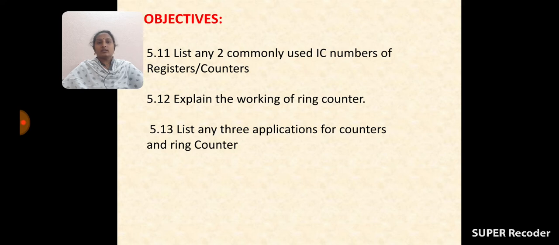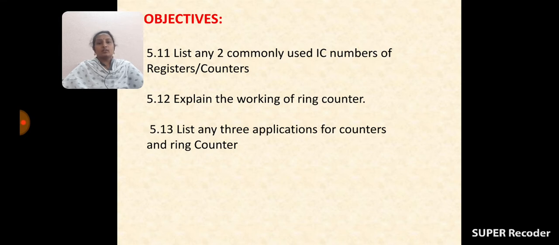A counter is a device which is used to count the number of clock pulses appearing at the input. Counters are basically of two types: synchronous counter as well as asynchronous counter. So what is the main difference between synchronous and asynchronous?